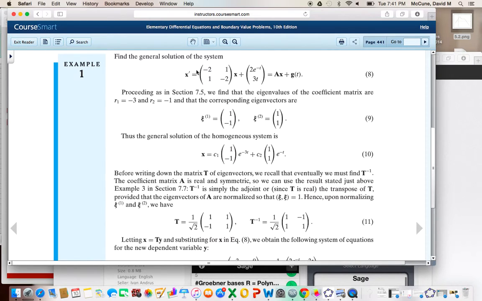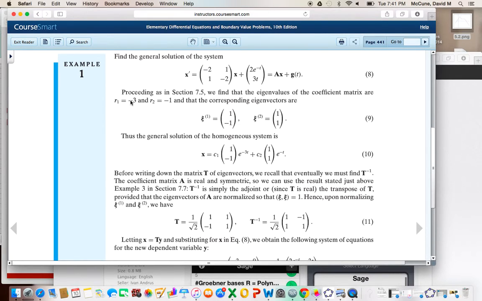This is a 2x2 system up here. You got 2 distinct eigenvalues, which means everything flows as easily as possible, right? Your answer is C1, eigenvector 1, e to eigenvalue 1 times t, plus C2, eigenvector 2, e to eigenvalue 2 times t. So here's the homogeneous taken care of back in example 1.